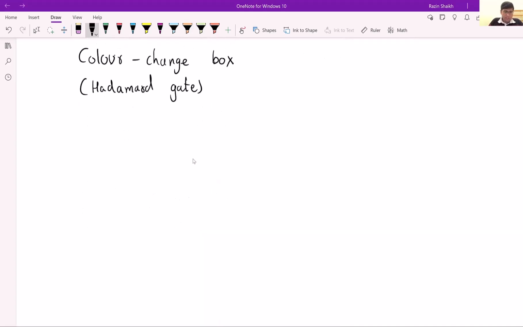The notation for this, in the book, is drawn like this. You have this kind of box, and this box will only have 1 input and 1 output.